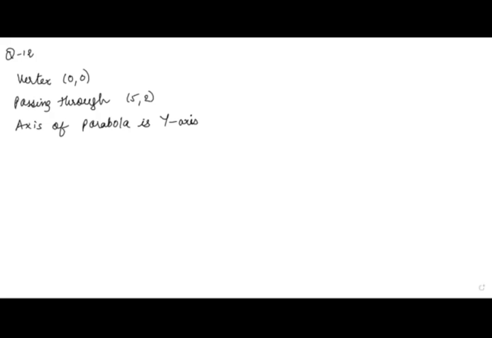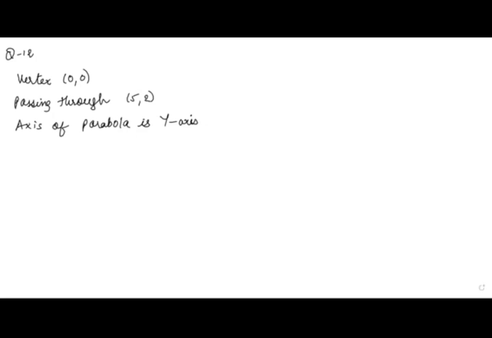It is not clearly written that the axis of parabola is y-axis, but they have mentioned it as symmetric with respect to y-axis. Now, as when I was explaining you that parabola, I told you that the parabola is symmetric about its axis. So, if it is given that the parabola is symmetric with respect to y-axis, it means definitely the axis of parabola is y-axis.